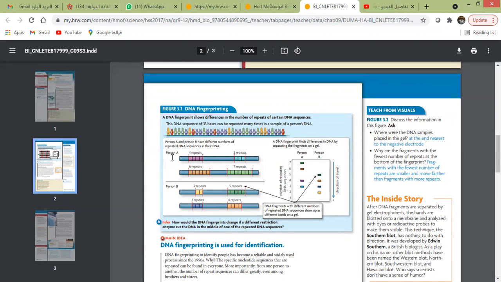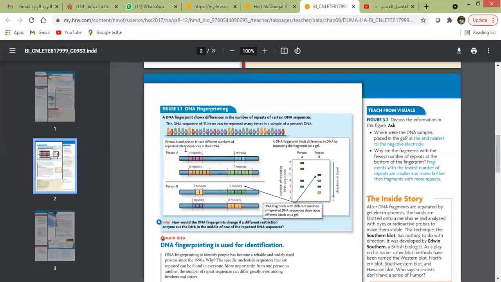Looking at person A, this 33-base sequence may have 4 repeats or 4 copies, while in person B the sequence in this region is the same 33 nucleotides, but the difference is in the number of repeats.